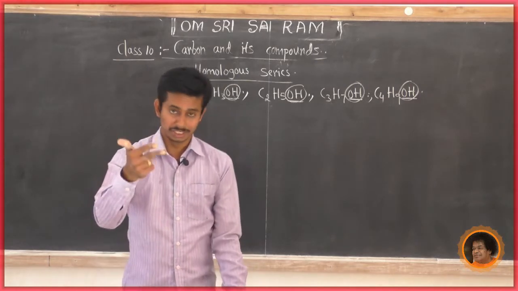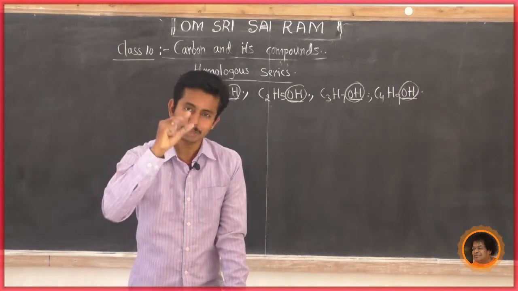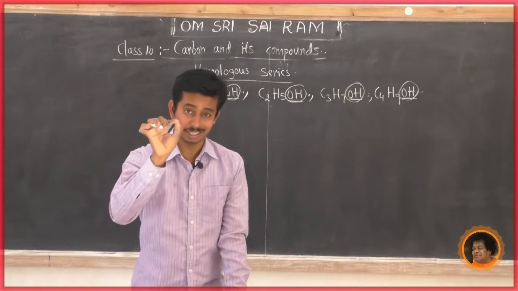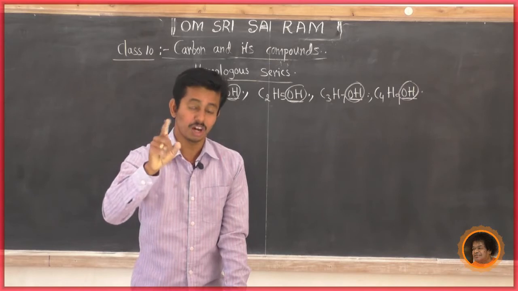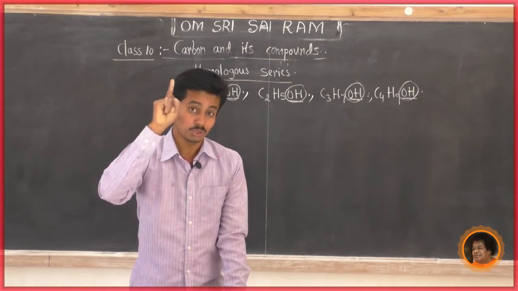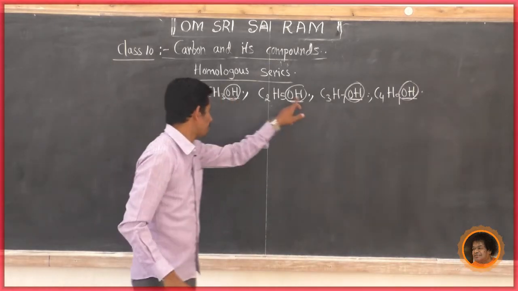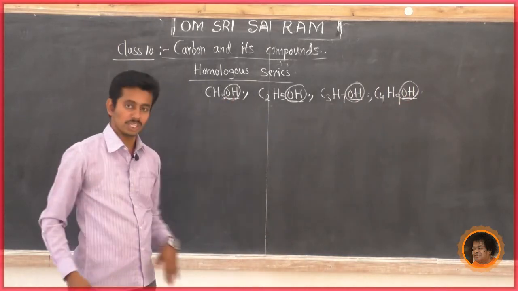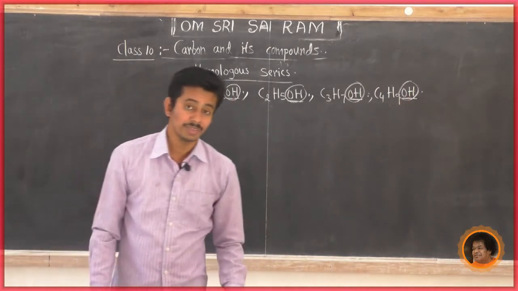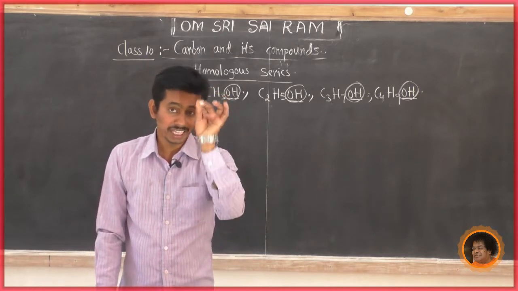We earlier studied about functional groups. What is a functional group? The group of atoms which are responsible for the chemical reaction or chemical property. So this OH, this group of atoms, is responsible for the chemical property of that compound.